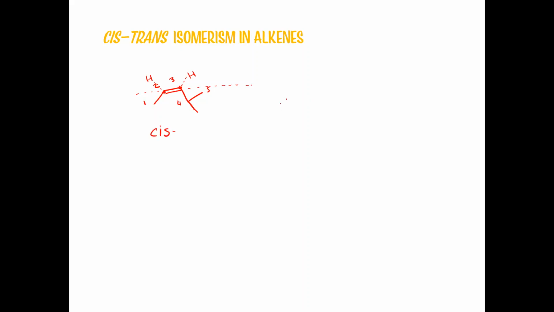If we have this version of it, it's the same thing. It's a 1, 2, 3, 4, 5. There's a methyl on carbon 4, and the double bond is on the second carbon.